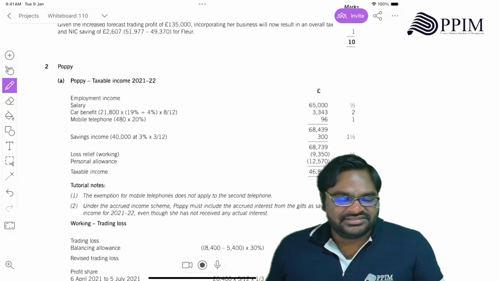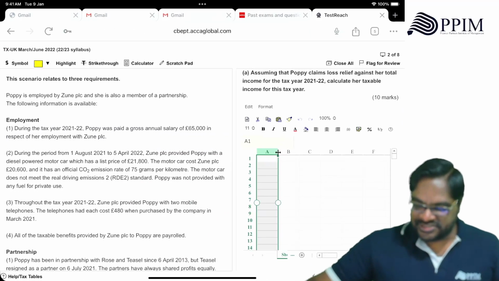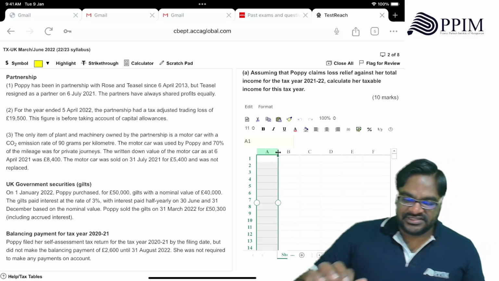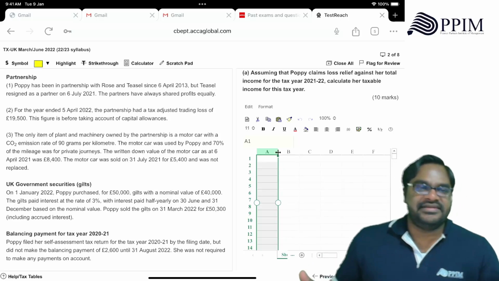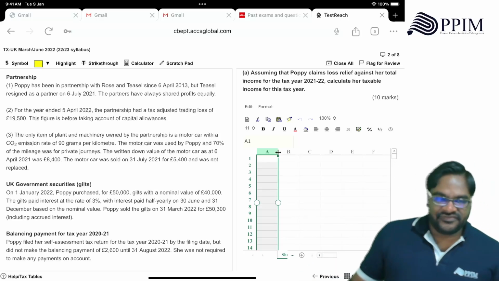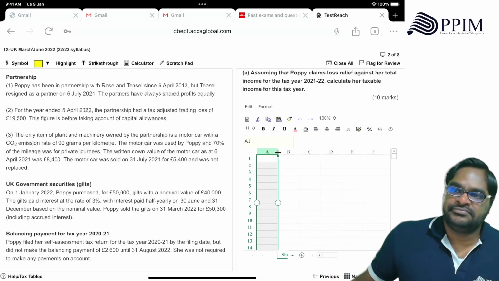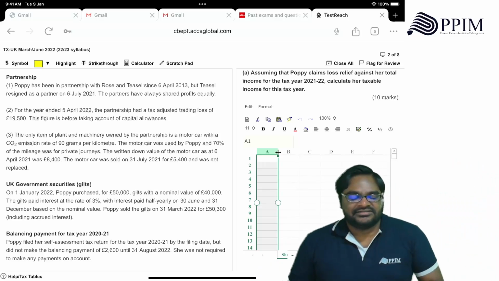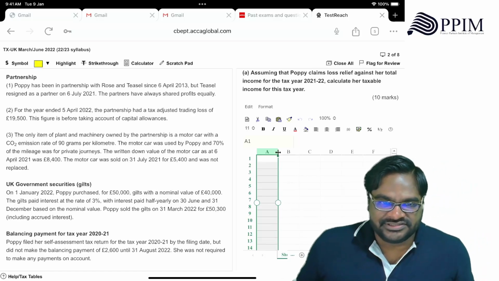We go for the savings income one. So savings income, she has invested how much? Yes, 40,000 is the nominal value. So on the 40,000 only you will receive interest. She has purchased at 50,000. It's like bills and bonds that we have in Sri Lanka. So interest will be paid on the nominal value, the face value, which is 40,000.